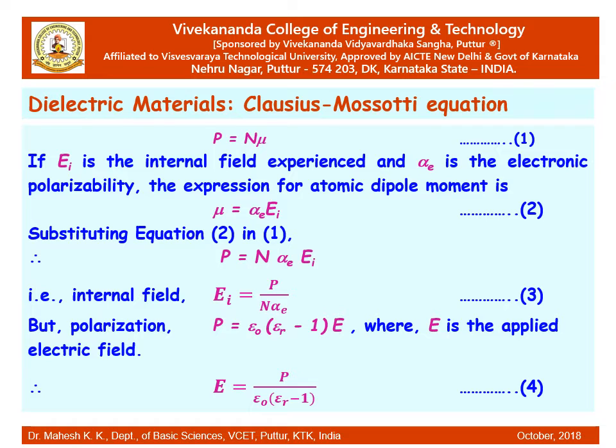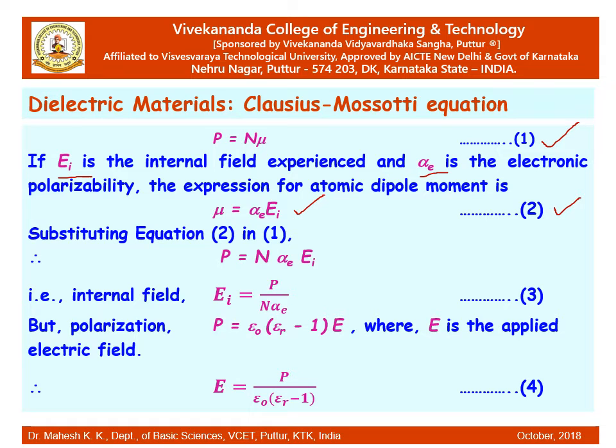Now, if E_i is the internal field experienced and alpha_e is the electronic polarizability, then we know that the atomic dipole moment is mu equal to alpha_e into E_i. Let it be equation 2.